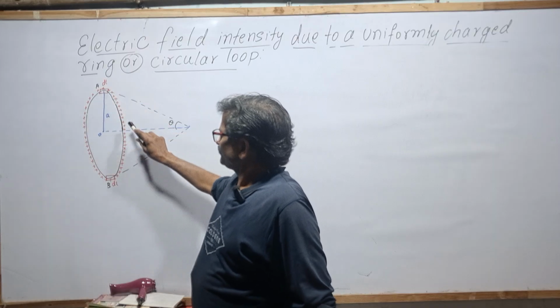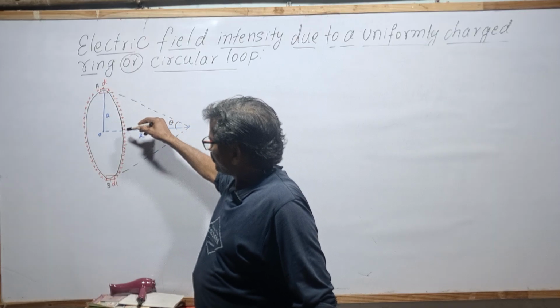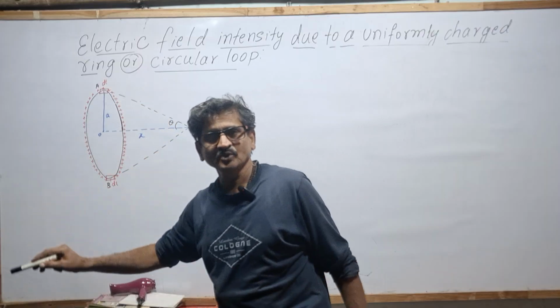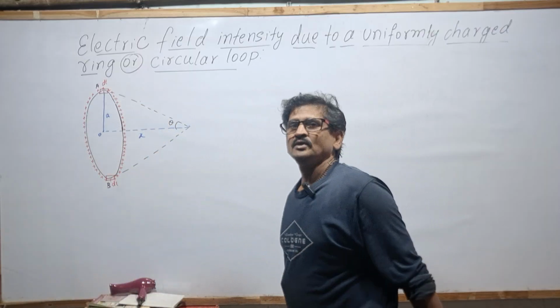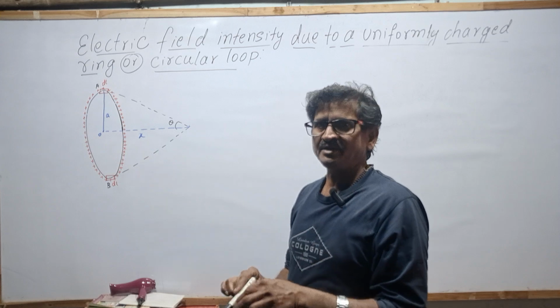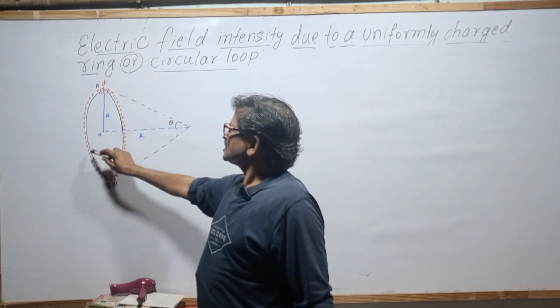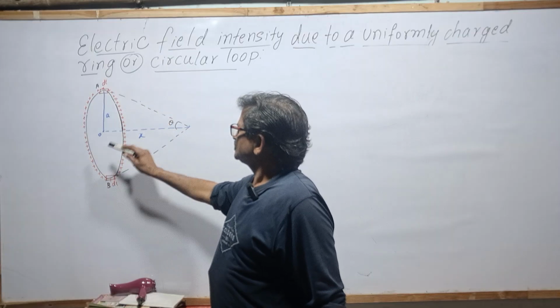This is a ring, and on the surface of this ring, charges are distributed uniformly, linearly, along the line. Ring means what? A line bent in a circular form, and the charges are distributed over it.